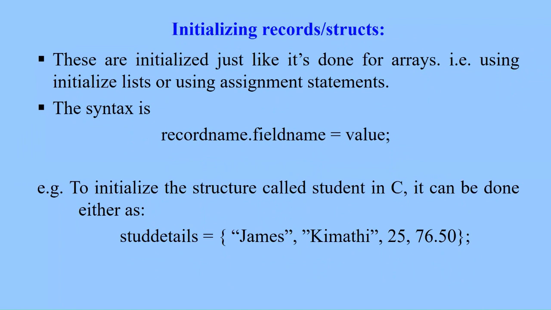We are assigning James, then Kimathi, 25 and 76.50 into the record through student details. Remember, each of these elements represents a certain type and they are ordered in a certain order. For example, James is the first name, Kimathi is the second name, 25 is age, 76.50 is the average score.